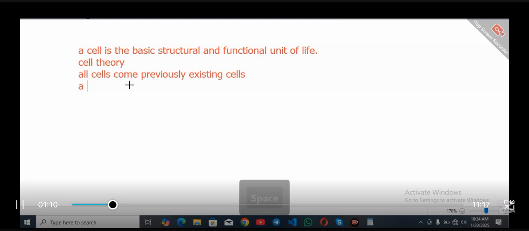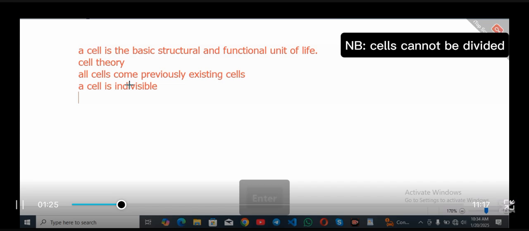A cell is indivisible. That means it cannot be divided into any smaller unit. It is the smallest unit you can divide a particular organism. That's a cell.